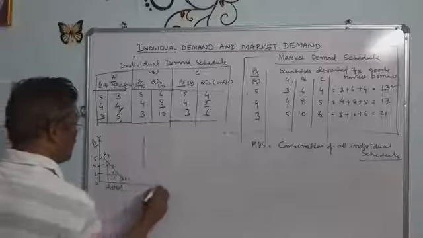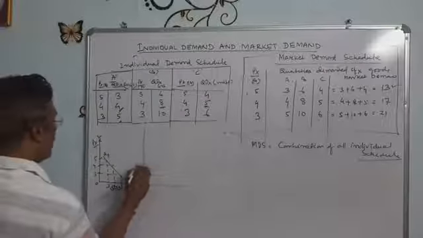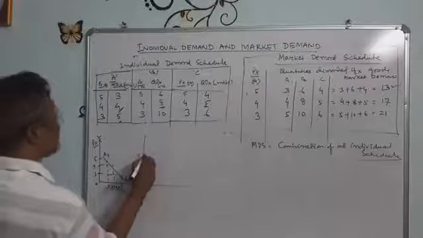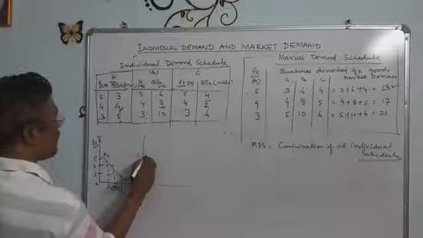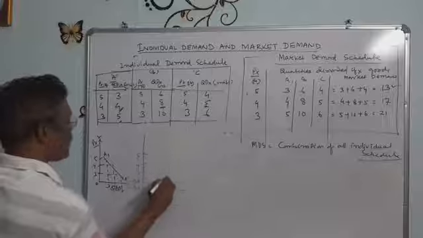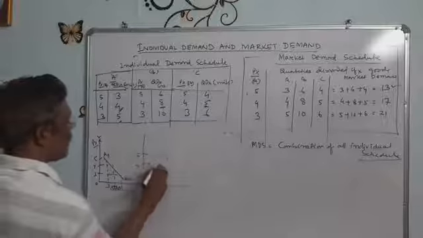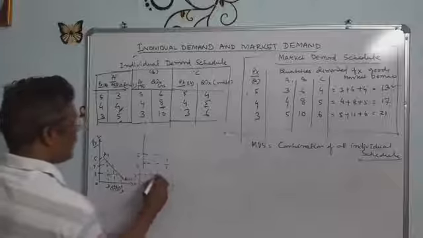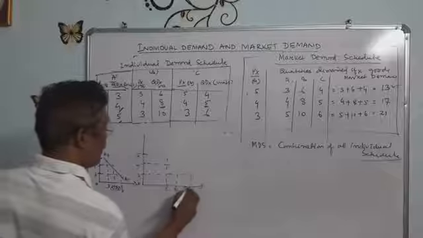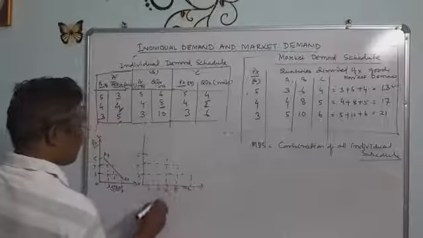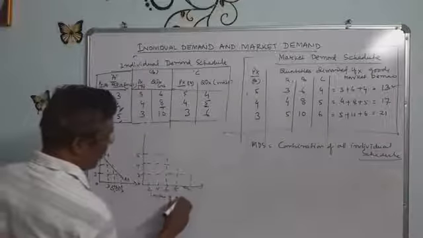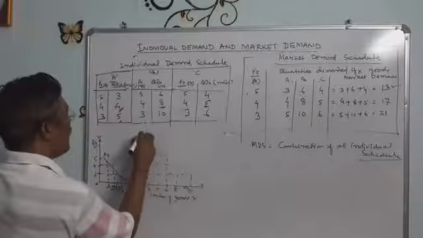Similarly, B's demand curve will be like this, with prices 3, 4, 5. At 5 rupees, 6 units; at 4 rupees, 8 units; and at 3 rupees, 10 units. OX is units of goods X and OY is the price.